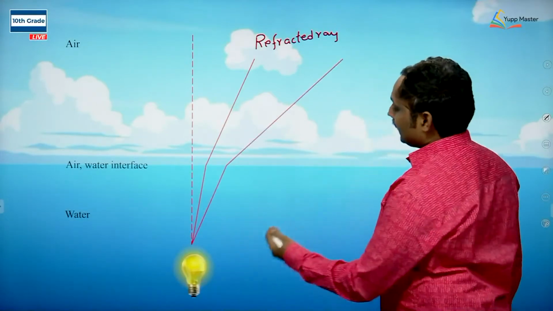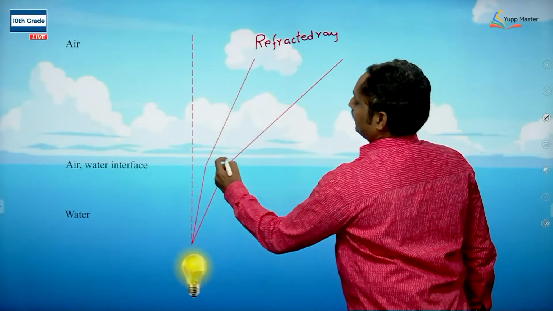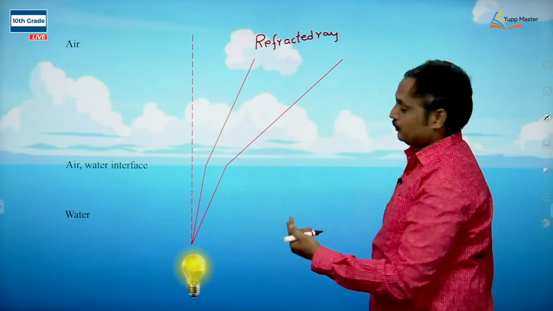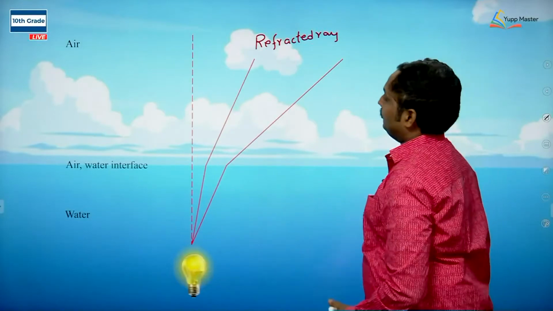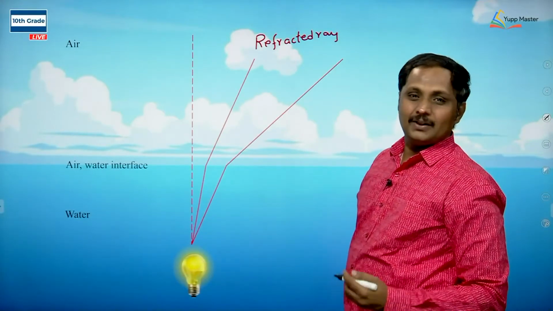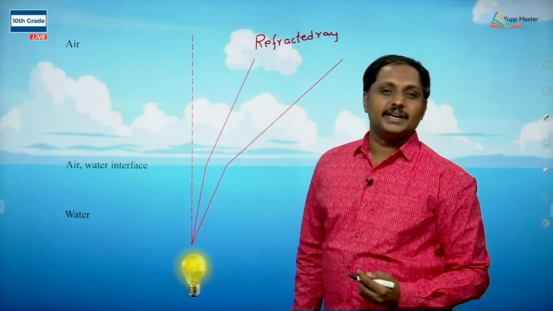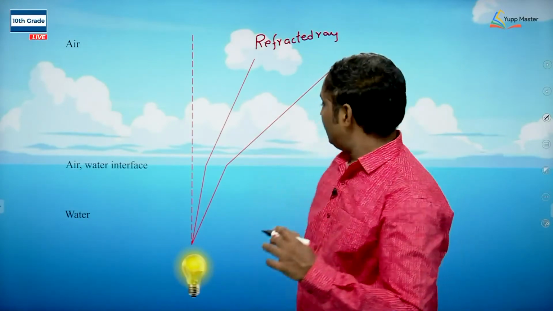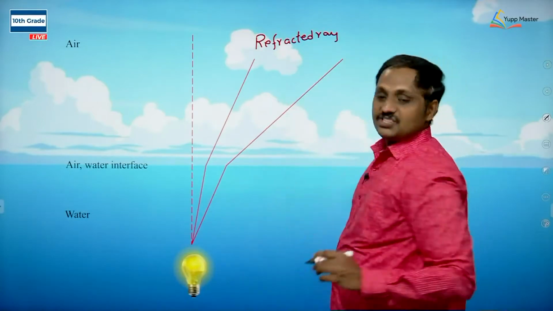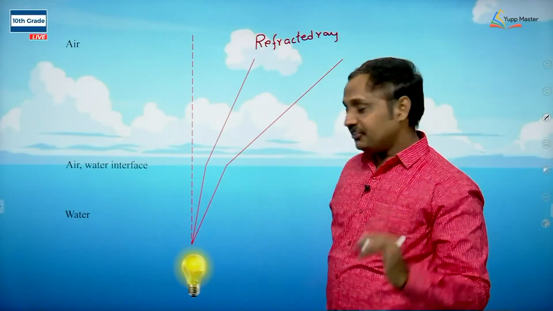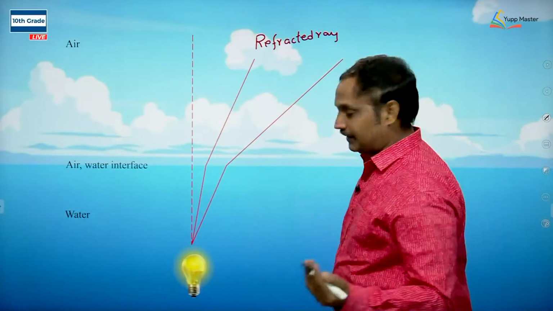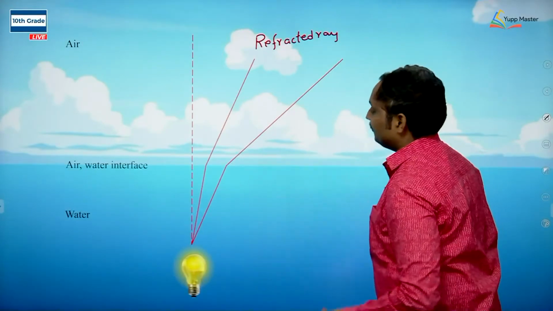Again one light ray is incident at an increased angle with respect to the normal. What happened? Generally, as the angle of incidence increases, the angle of refraction changes. It changes according to the incident angle, and as you increase it, the refraction angle also increases.